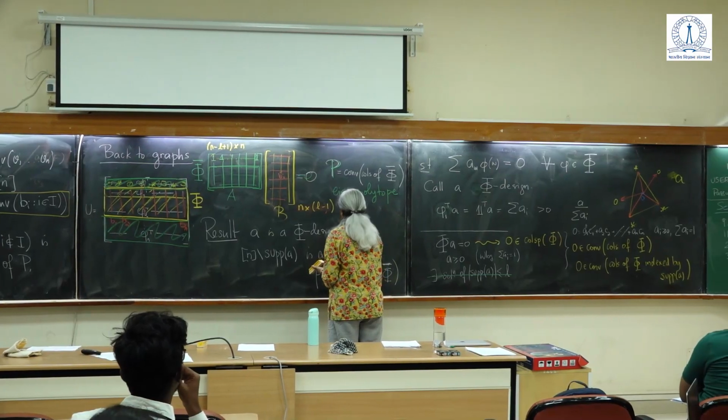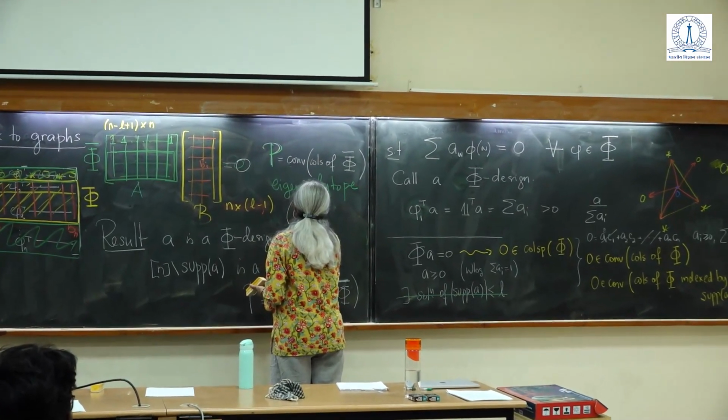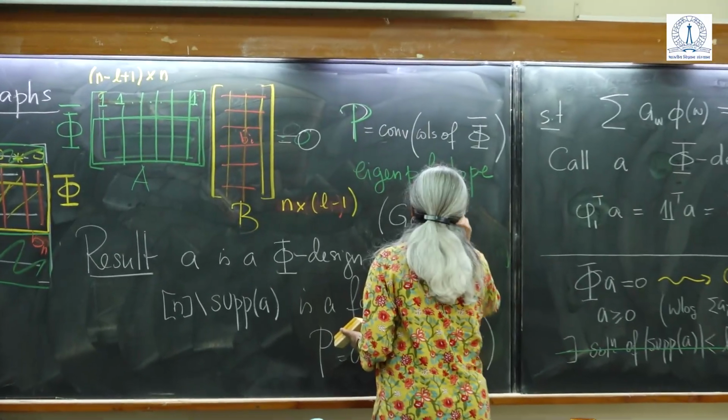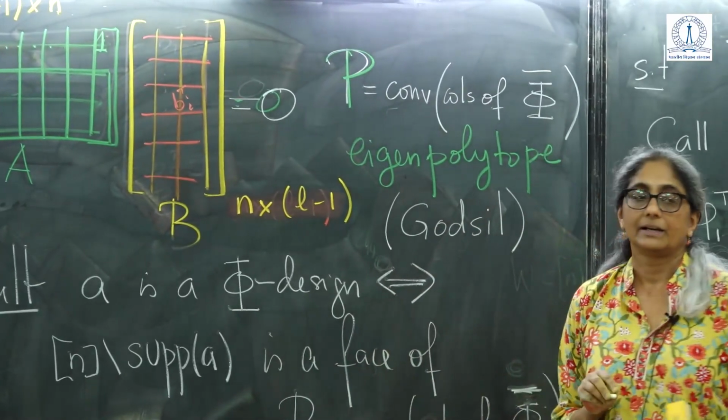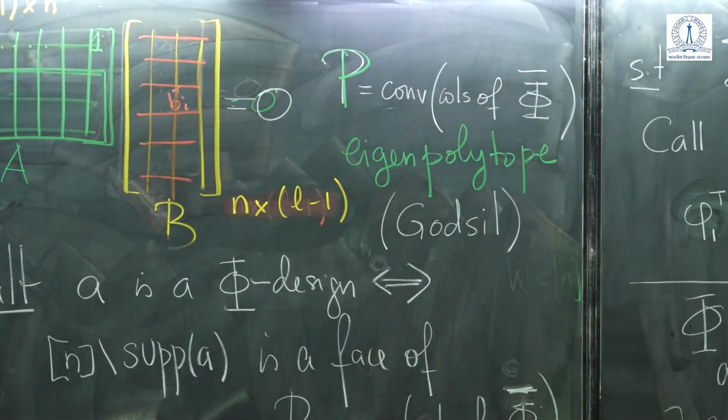And a version of this, the basic version of this, is due to Godsil, who is a very famous graph theorist from Waterloo. And he defined something that's slightly more restrictive than what I'm telling you, but it's really his definition, okay? So these are called eigenpolytopes because we are taking some eigenvectors and convexifying their columns.